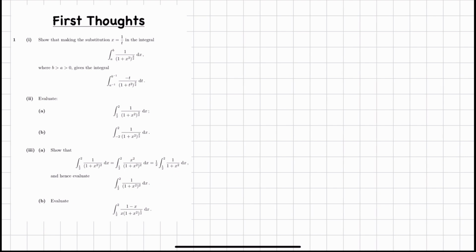So with that in mind, let's think about why showing this result is useful. Because we've got an integral and a seemingly more complicated integral afterwards, where we have variables in both the numerator and the denominator.